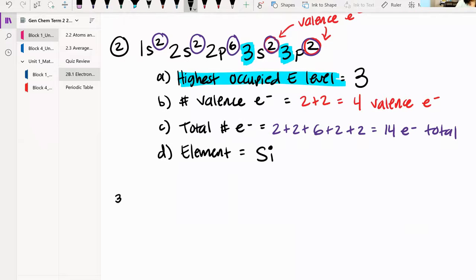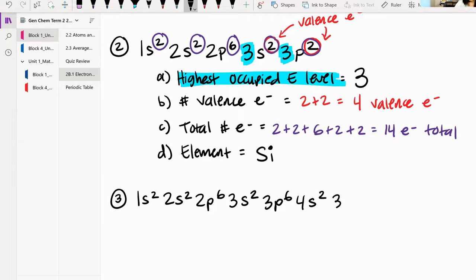All right, example number 3. 1s2, 2s2, 2p6, 3s2, 3p6, 4s2, 3d10, 4p5.